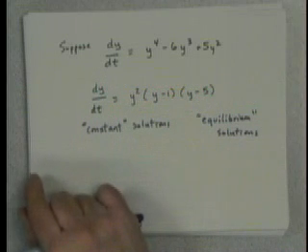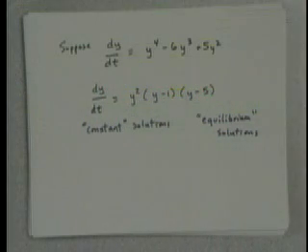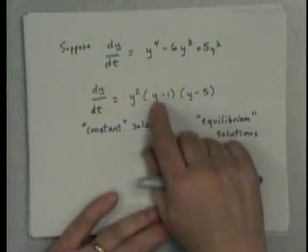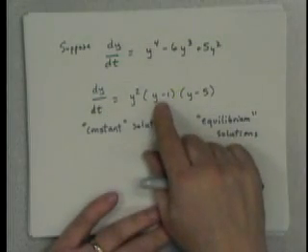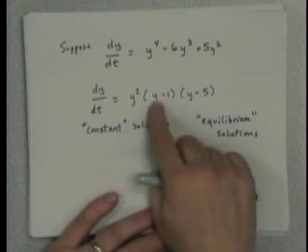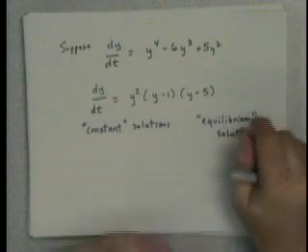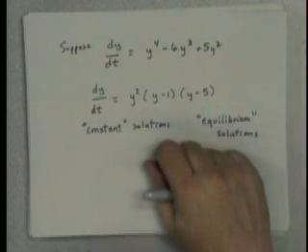So if I were graphing my function, these would be my critical points. But here they're equilibrium points in terms of, if y was, say, 1, for instance, once it reaches 1, it's not going to change anymore. Because y minus 1 here, this term goes to 0, and dy/dt would be 0, and so it's not changing anymore.